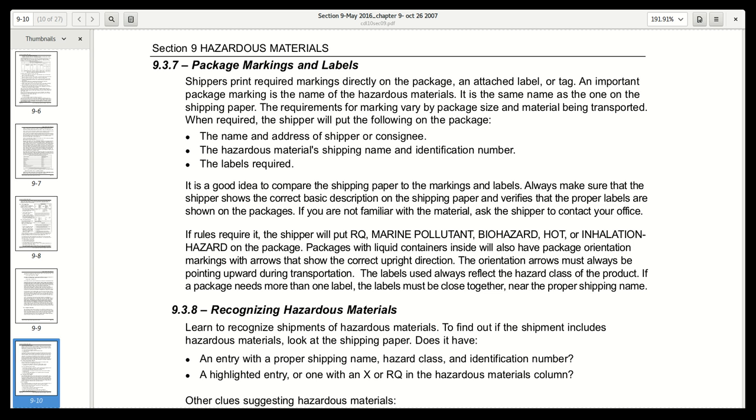The orientation arrows must always be pointing upward during transportation. The labels used always reflect the hazard class of the product. If a package needs more than one label, the labels must be close together near the proper shipping name.